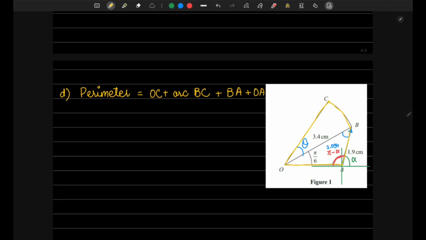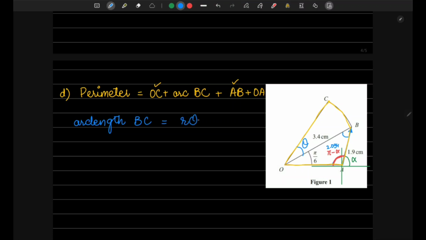So what do we know out of these? We know OC to be 3.4. We need to find arc length. AB is already known. Let's write it AB more conveniently. And OA is the third side that we also need to find. So first find arc length BC.